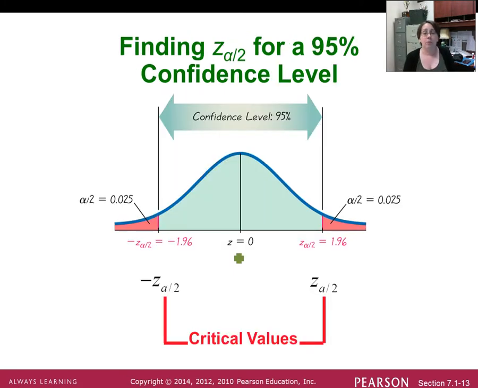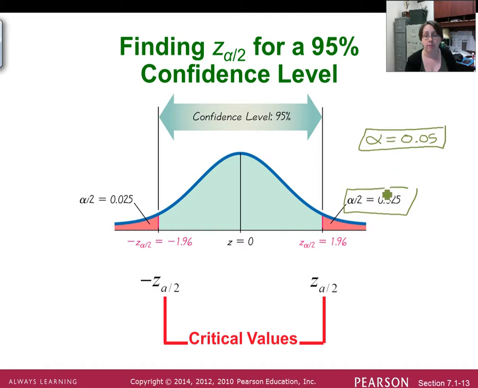Alright, now, let's review here. If you have a tail area of 0.025, that means your alpha, well, remember, 1 tail is 0.025. That means 2 tails would be 0.05. This is your total alpha. If 1 tail is 0.025, 2 tails together is 0.05. Then 1 minus that gives us our confidence level, 95%.